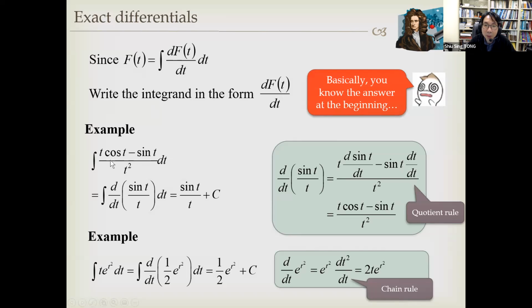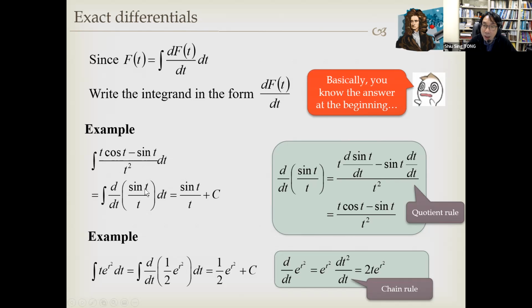For example, this function, t cosine t minus sine t over t squared. How to integrate this? But I can check it. I know that the derivative of sine t over t by the quotient rule gives me exactly this expression, right? You can easily check it by using the quotient rule.